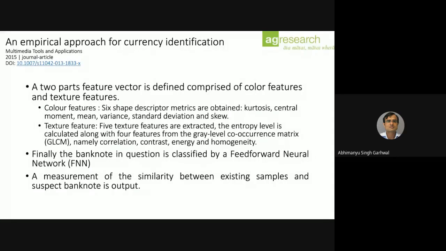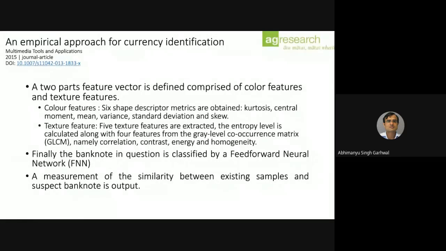Now, my next pattern identification and image processing work is an empirical approach for currency identification. What we did was extract a two-part feature vector, with color features and texture features. The color features are kurtosis, central moment, mean, variance, standard deviation, and skew.